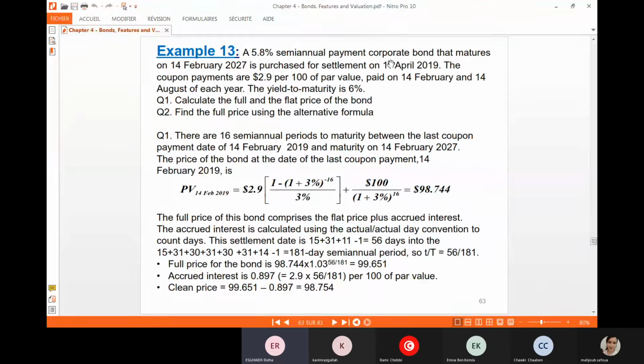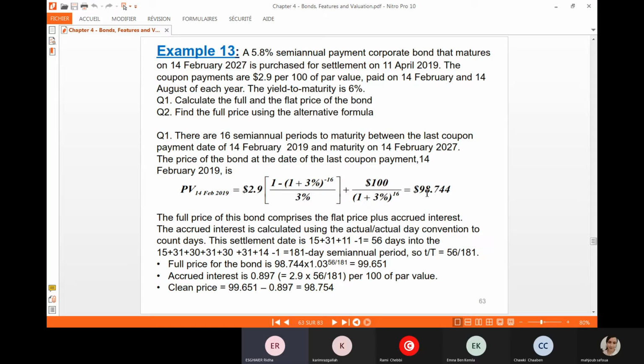So the value of the bond on February 14, 2019 is equal to the future interest to be received, which are 16 interests of $2.9 each, and the par value 16 semesters from now. The yield to maturity is 6% annually, so RD over 2 is 3%. Simply, we compute the value of the bond on the previous coupon payment date, which is February 14, 2019.